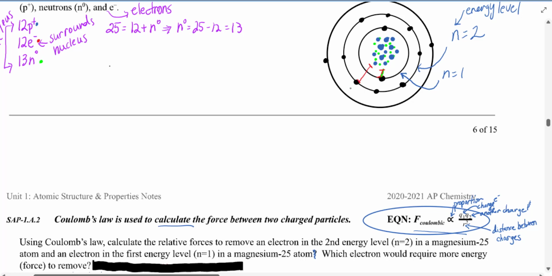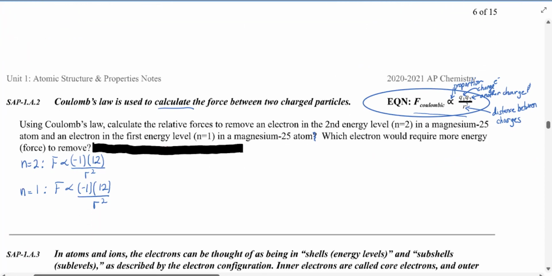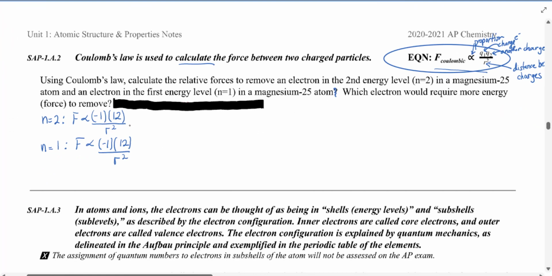All right, so the distance between the nucleus and energy level 1 is less than the distance between the nucleus and energy level 2. So this distance is larger than that distance.